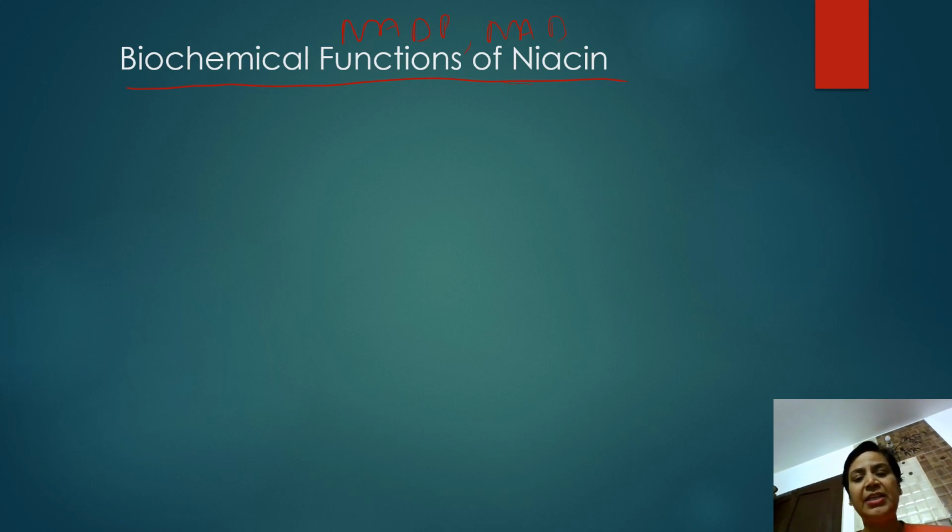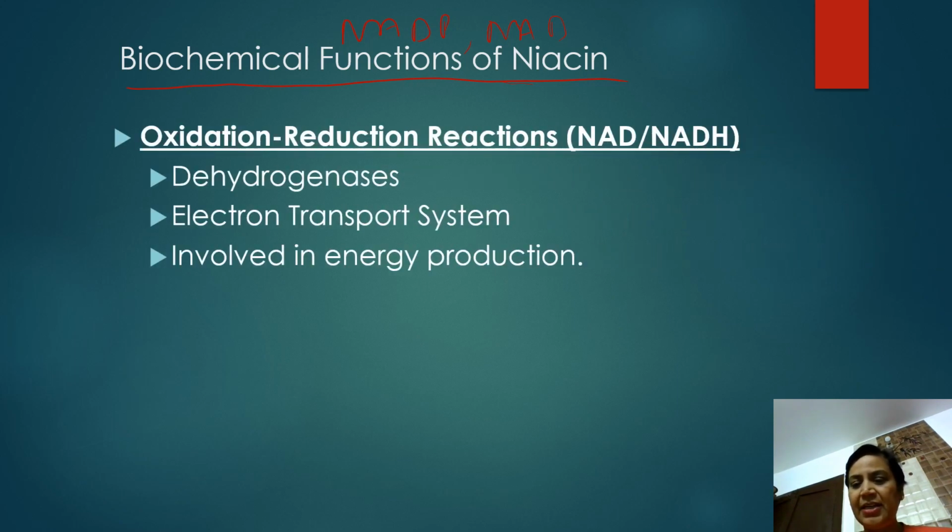If something is oxidized, the other has to be reduced. Oxidation is loss of electrons, so there has to be a species ready to accept the electrons. This is how the reaction goes. So niacin is considered one of the major reductants of the redox reactions. Oxidation reduction is nothing but a redox reaction.